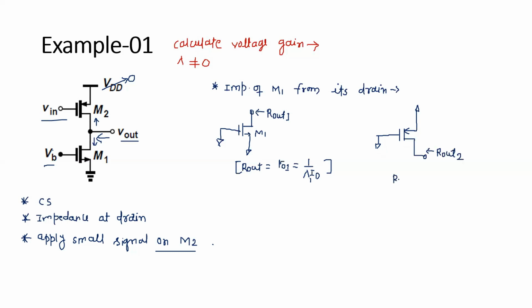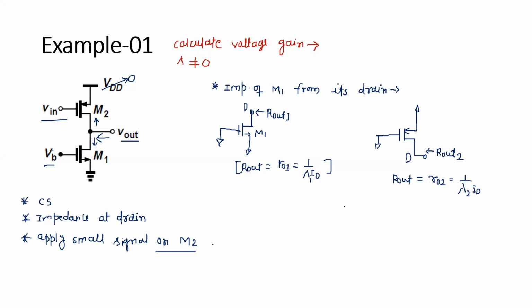I didn't explain the PMOS, but if we are looking from the drain side of the PMOS, with the source and the gate at 0, its impedance is nothing but Rout1, and similarly here it will be Rout2. So whether it is a PMOS or an NMOS, if we are looking from the drain, its output impedance is the effective impedance looking from the drain.